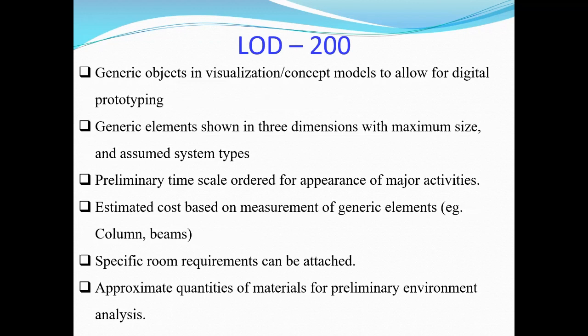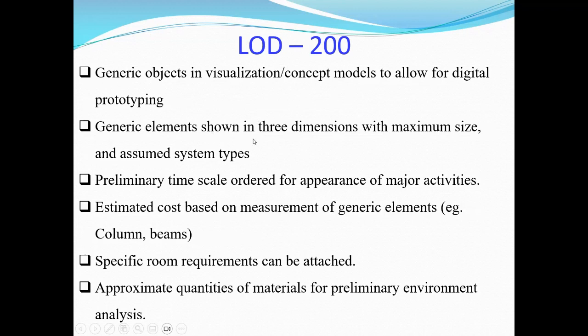Okay, the 200 series, here we start to develop from 100 series. So we are going to accurately model our geometry. So column means we are going to model column size, beam size, and so on, right? So here we are going to do the detail modeling. Okay, so generic object in visualization of concept model to allow for digital prototyping.